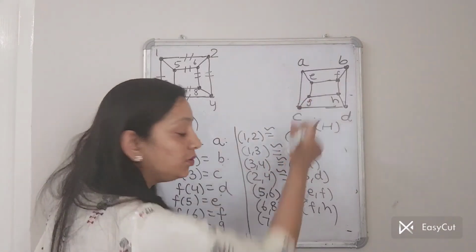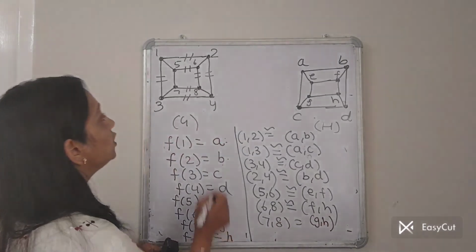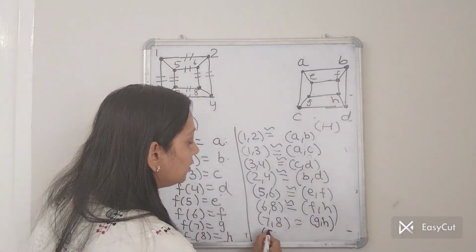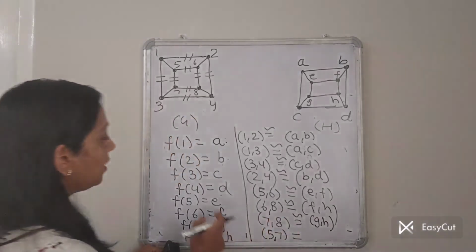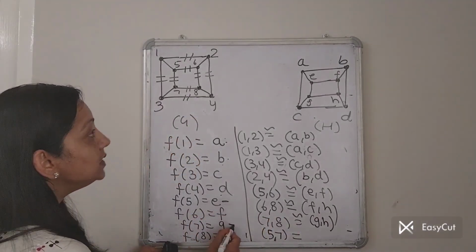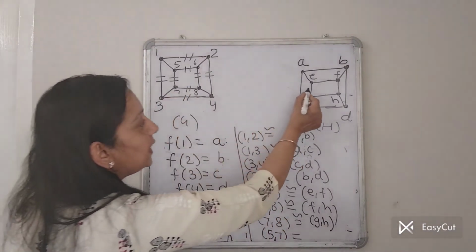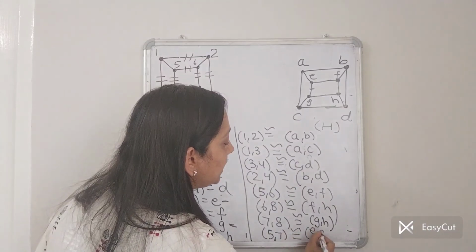Yes, there is an edge between G and H also. Okay, so the last edge, there is an edge between 5 and 7. So there must be an edge between E and G. So yes, there is an edge between E and G.